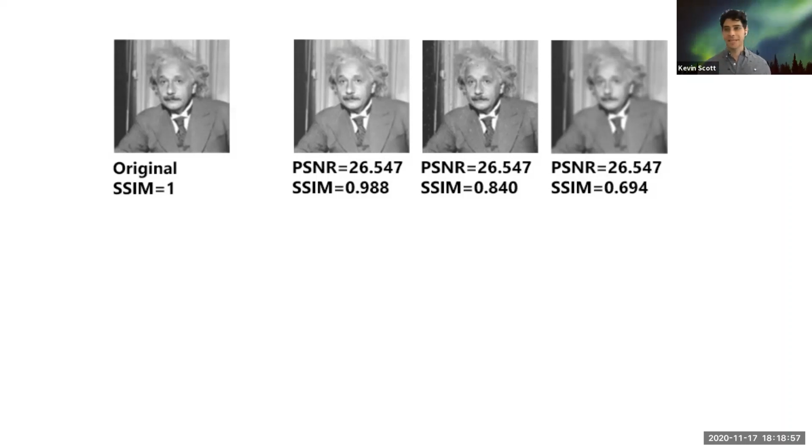And I'm not just picking on PSNR here; you could do a similar demonstration with SSIM. The important thing to note is that these are good metrics for improving a model, but they're not exclusive. You shouldn't put all your eggs in this basket of using these two metrics.